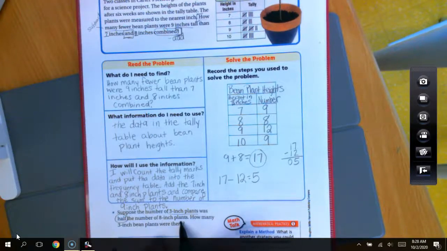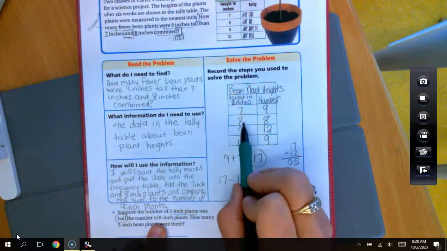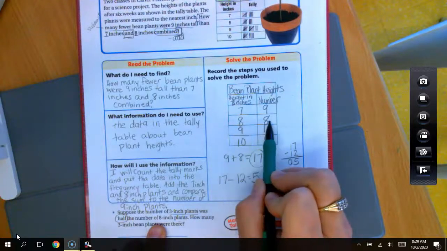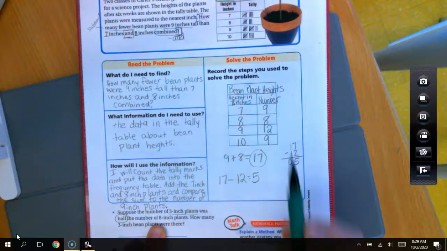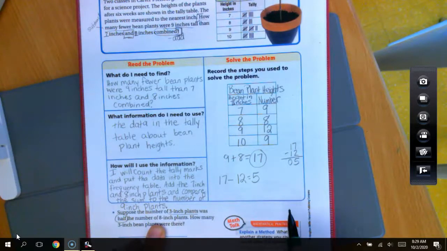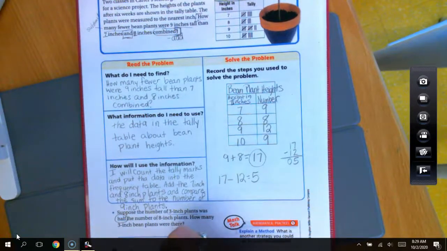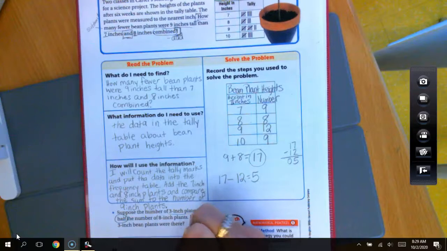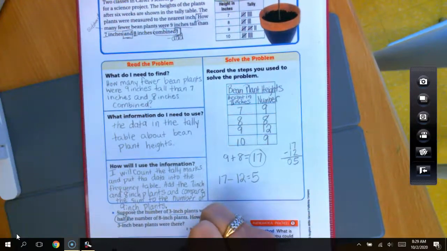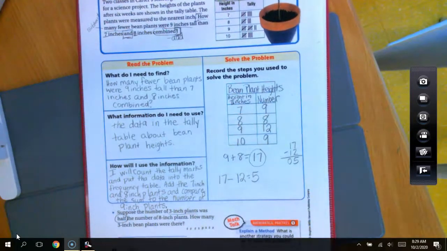Well, how many were 8-inch plants? I'm going to go to my 8. Well, they were 8. So what is half of 8? How could I figure that out? I could do tally or dots. 1, 2, 3, 4, 5, 6, 7, 8. 8 is an even number. So that means everyone will have a partner.